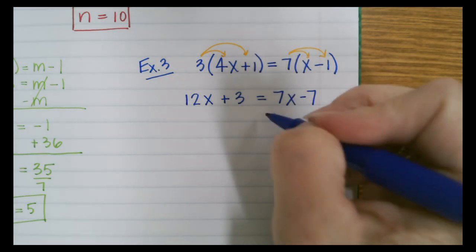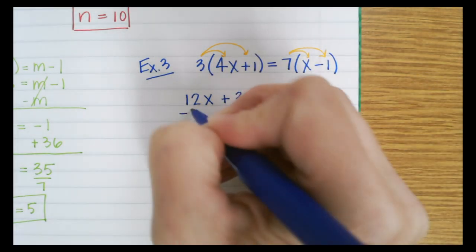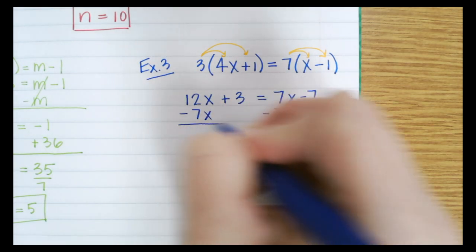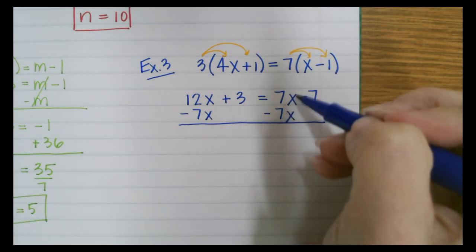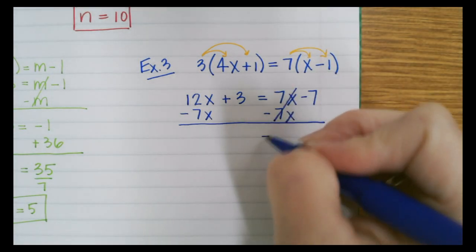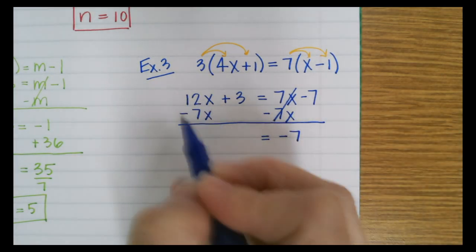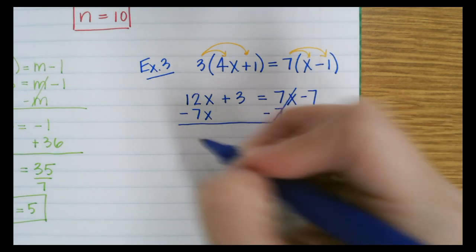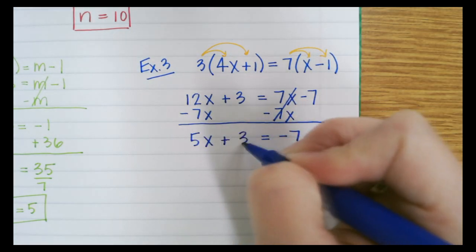I'm going to take away the 7x over here, which means I need to take away 7x over there. When I take away the 7x here, that goes down to 0, so I have -7. And when I take away 7x over here, I get 5x plus 3.